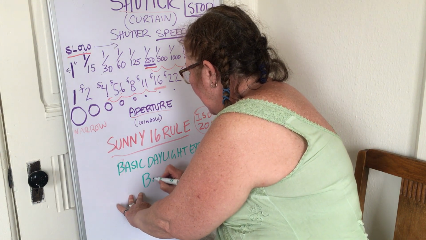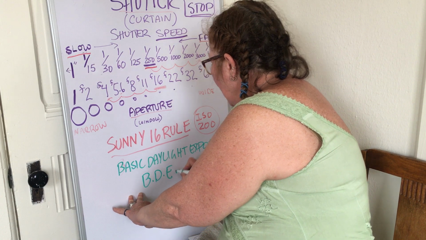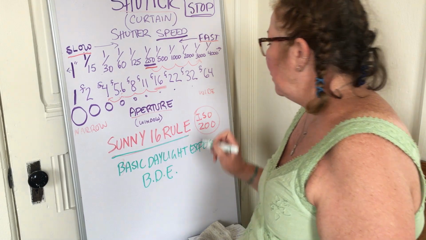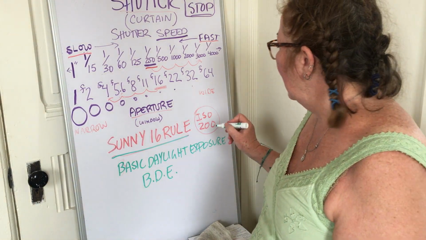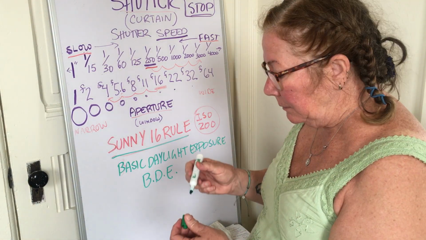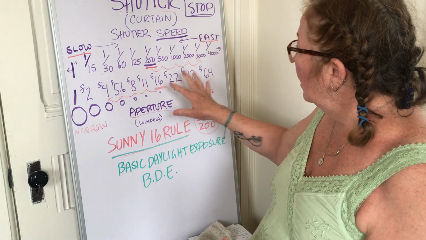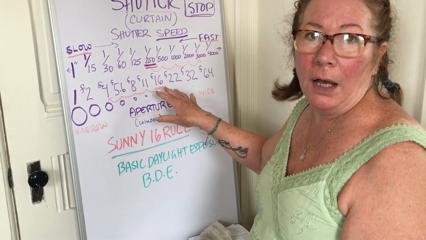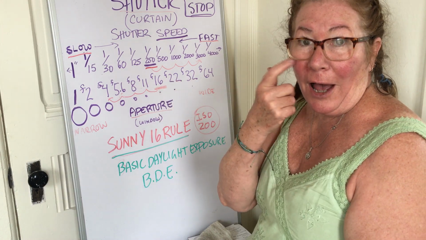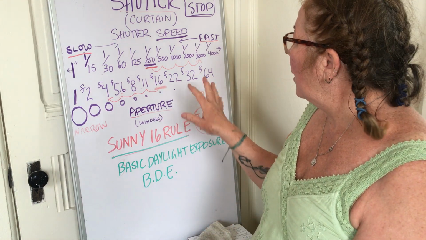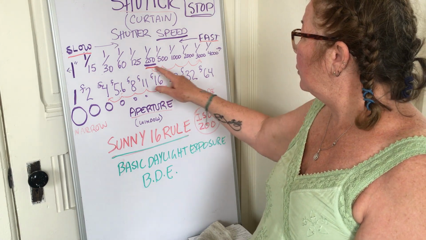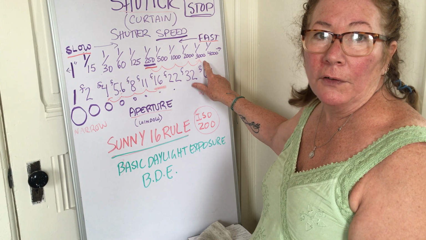or BDE. This is our technical term, but most people just call it the Sunny 16 rule because it's so much easier, okay? And this is the way that you can adjust your camera to see like your eye, number one, and also for whatever situation you're photographing. If you're photographing sports, you might want to have a fast shutter speed, right?